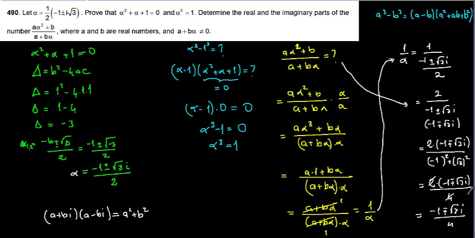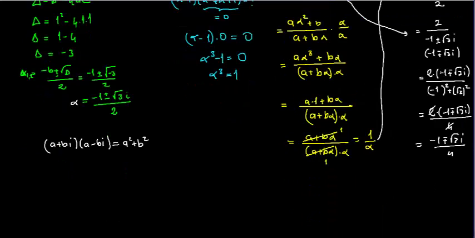But we need the real and imaginary part of this expression. That's why it's going to be minus 1 over 4 minus plus root 3 over 4 i. The real part is not going to change for both of the values because we have plus and minus signs.